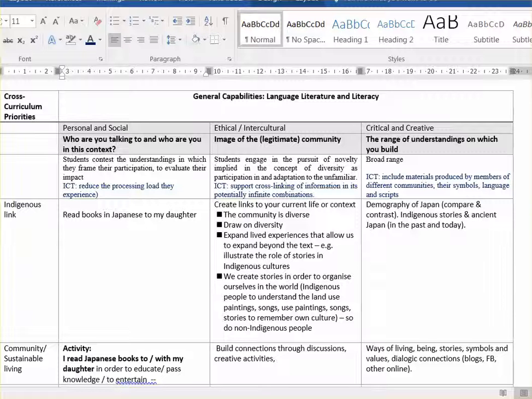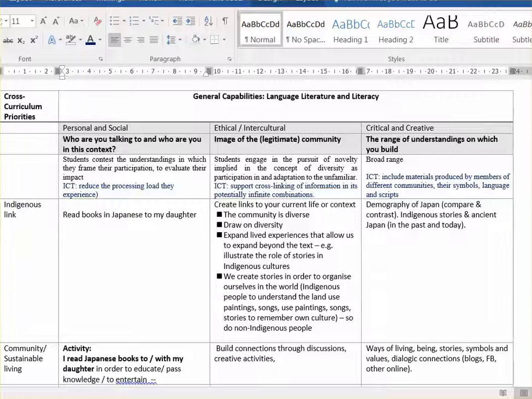I'm taking exactly the activity that pre-service teachers proposed in the literacy stream. How would that be in your portfolio, if you were to create one, myself in Japanese? What can I say about myself? What do I do in Japanese?